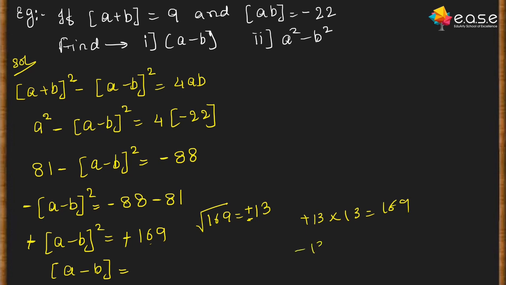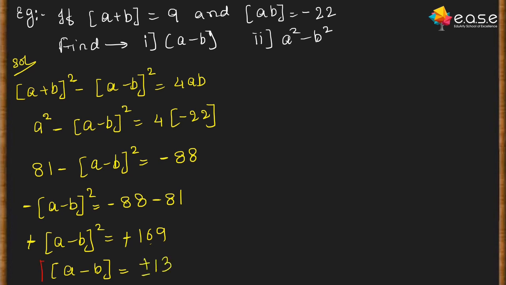So since we do not know whether it is plus or minus, we have to write both the signs here. That is why we say a minus b is equal to plus or minus 13. That's your answer. I hope you guys understood. This is not very difficult to understand.